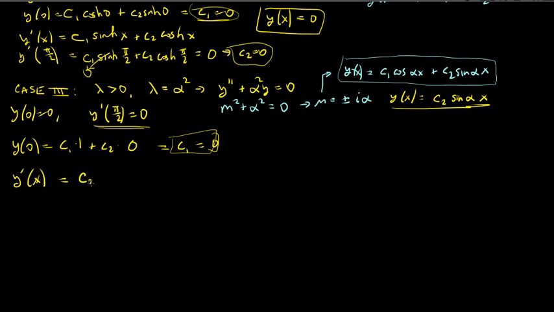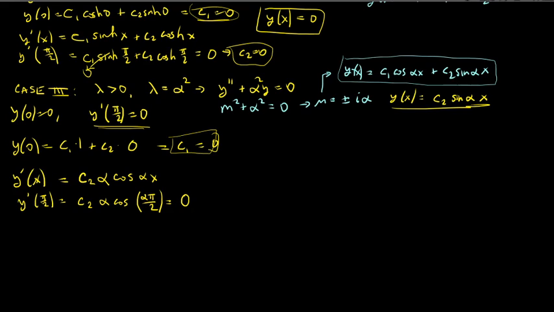So c2 alpha cosine of alpha x. Now we plug in pi over 2, and that gives us c2 times alpha times the cosine of alpha pi over 2, and that's still equal to 0.